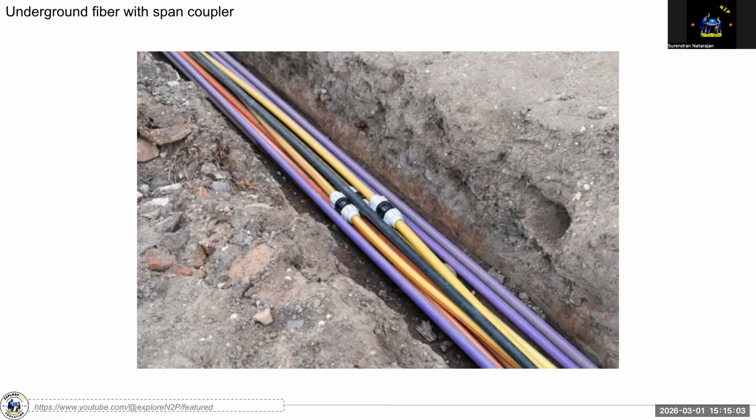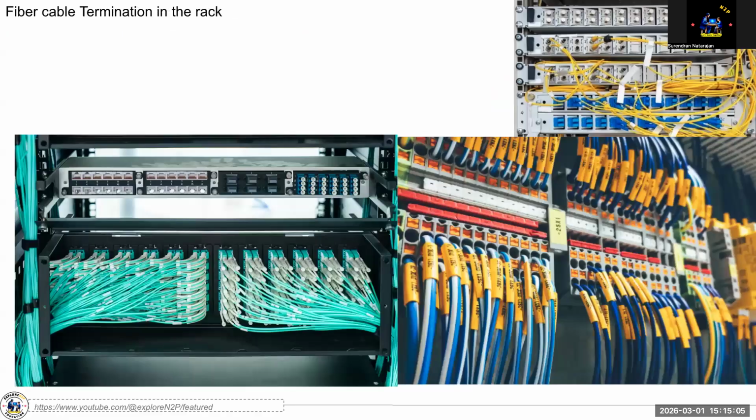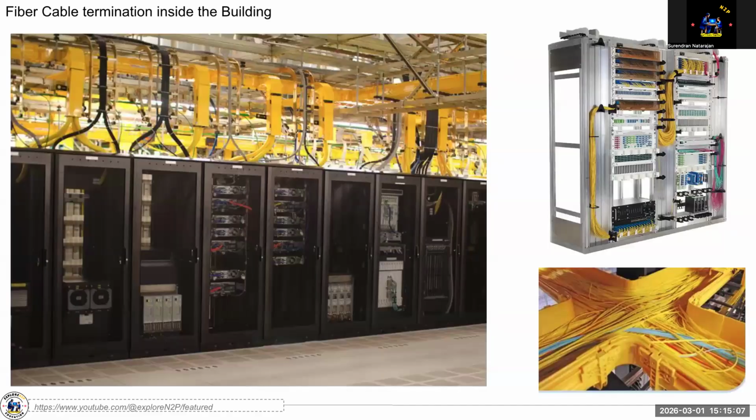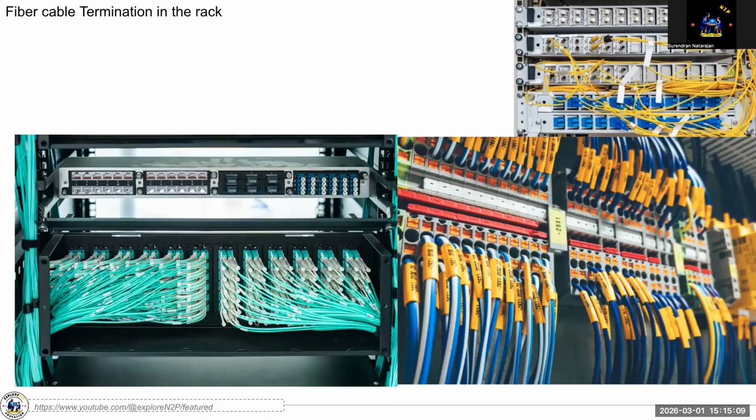I was looking for a picture of it. See, this is the color of multi-mode fiber. Blue is single mode. Ignore this, it is a power cable. This is the fiber cable.